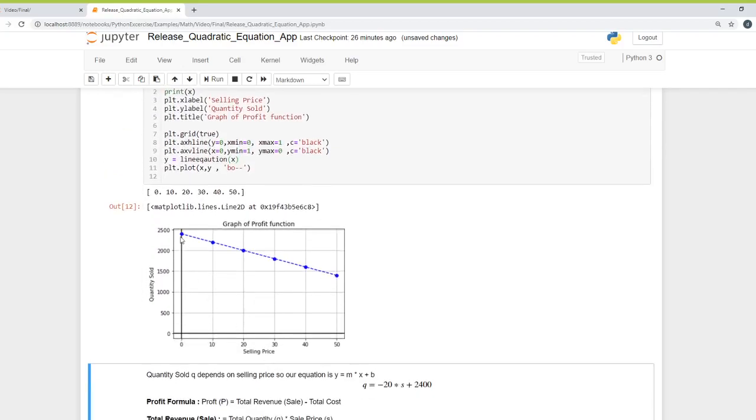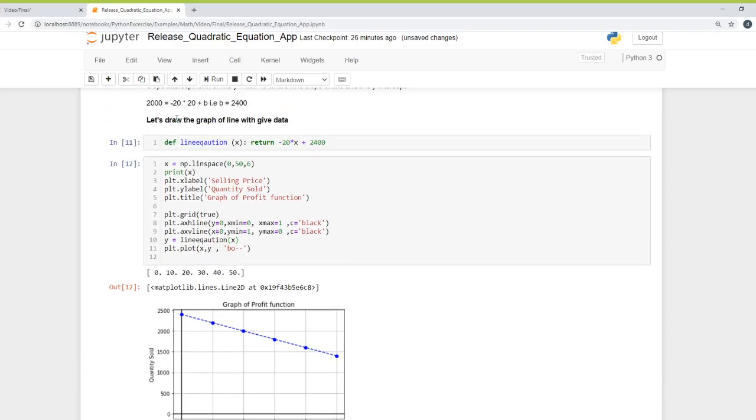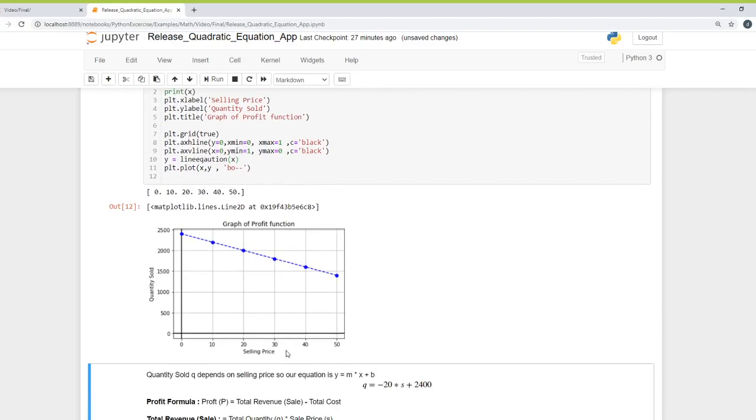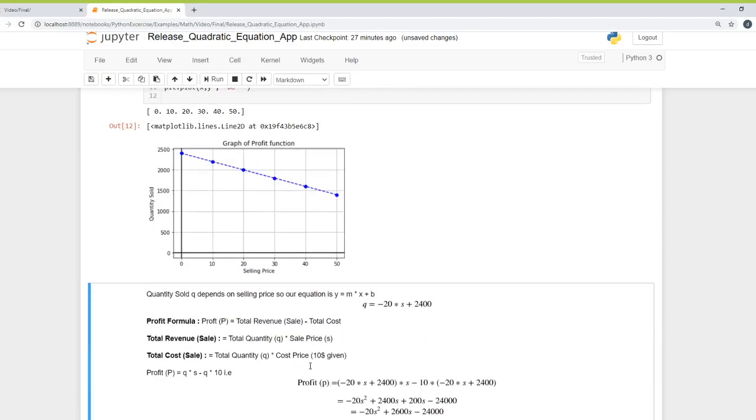This is our y-intercept at the value 0, which is 2400. Our slope of the line is -20, which shows that the line is decreasing as the selling price is increasing. So quantity sold, Q, depends on selling price, and our equation for that is Q, the y-axis, equals -20x plus 2400, where x is the selling price.